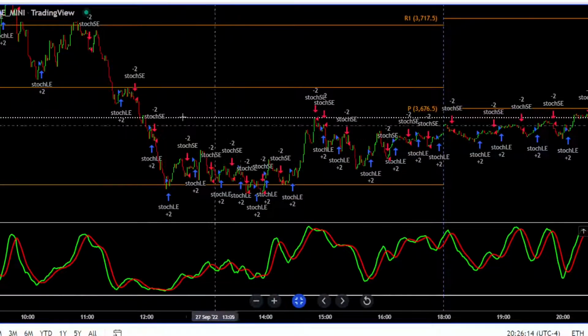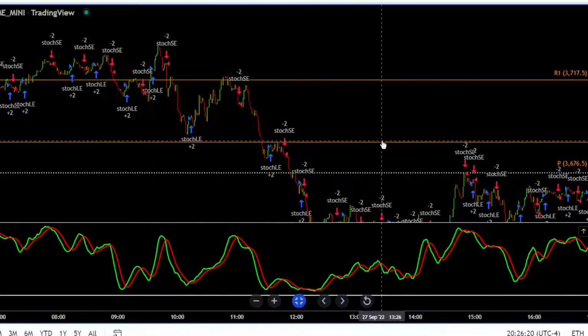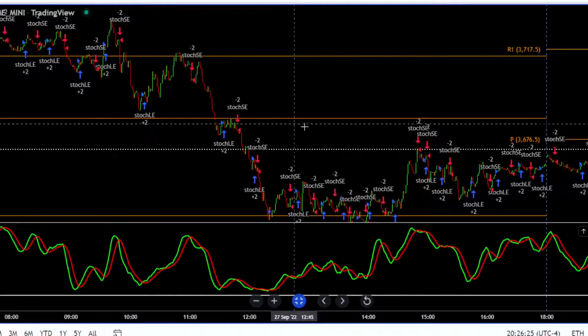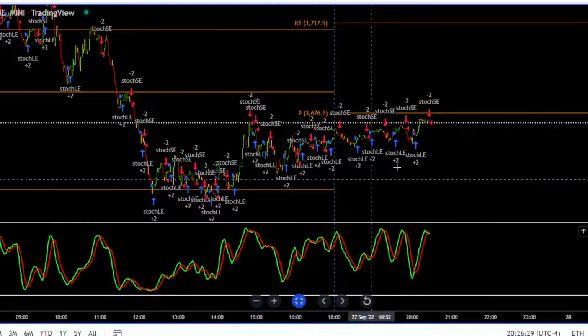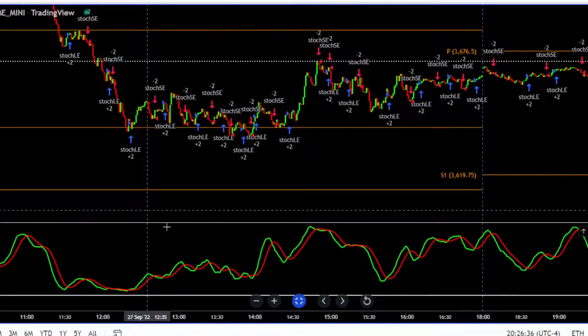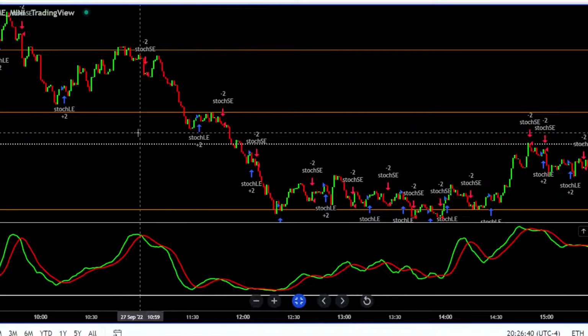I find them not super objective because there's a lot of wiggle room around there. They're hard to use as a definitive stop or something like that. So I like to think of them more as a guideline than anything else. But still, you can do something with it. Depending on your use of stochastics and your risk management and everything else, it could be a viable strategy.